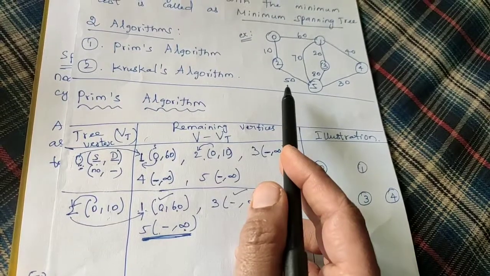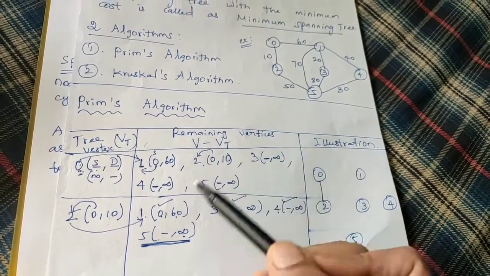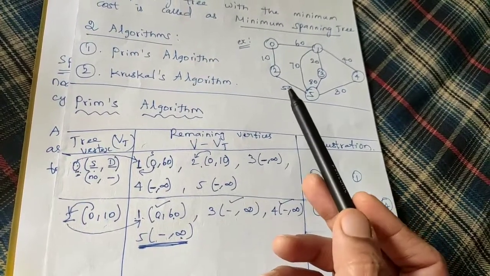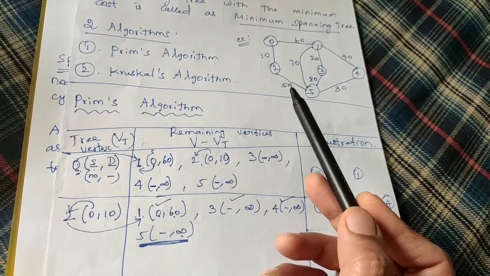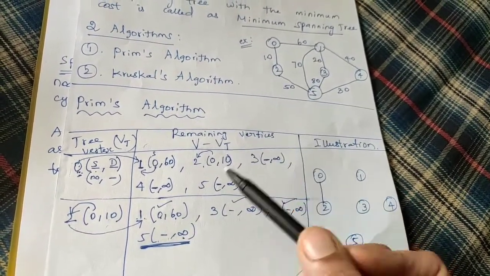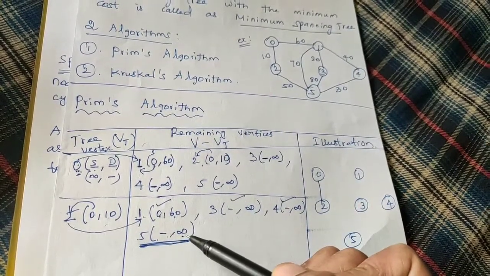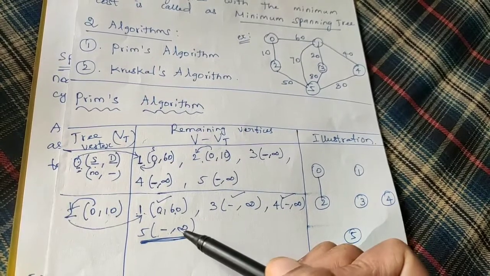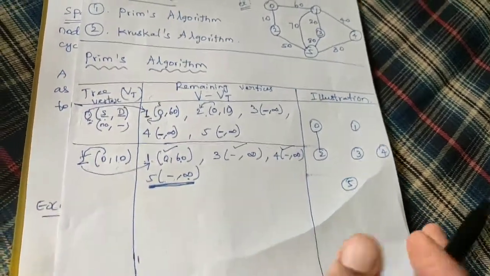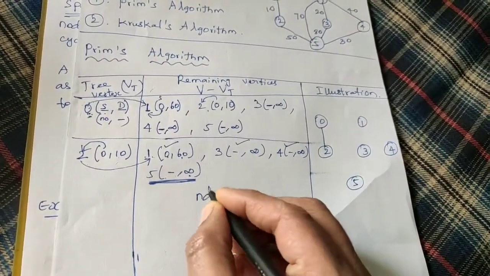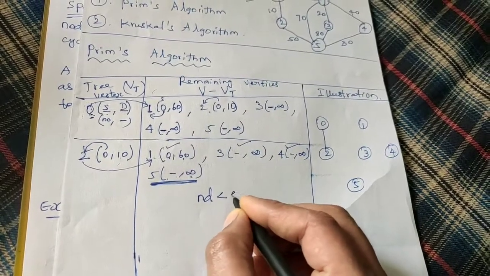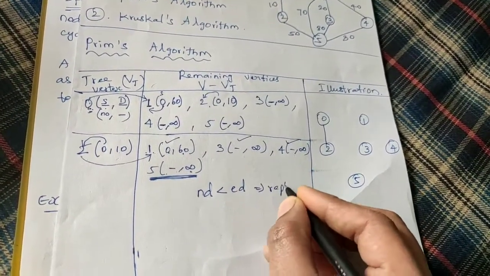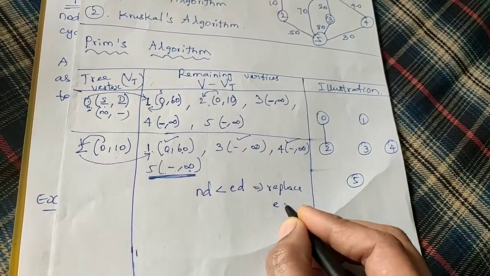I am getting 50. 50 is less than infinity. If the new distance value is less than the existing distance value, then you have to replace the existing distance. That is, if the new distance is less than the existing distance, you need to replace the existing distance.